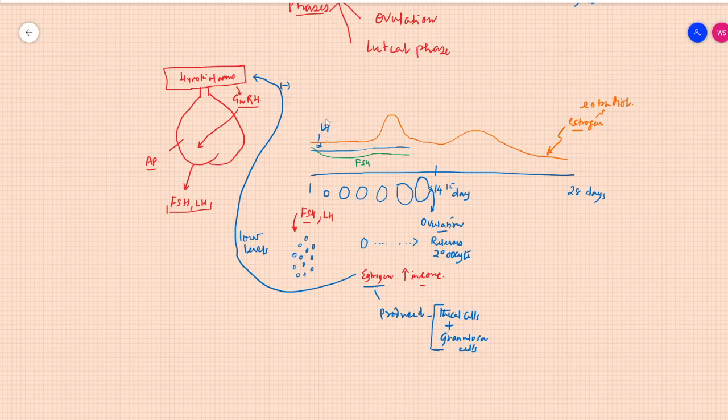Secondly, because this LH stimulates the conversion of steroids to estradiol, and the reaction that LH stimulates is called aromatization.